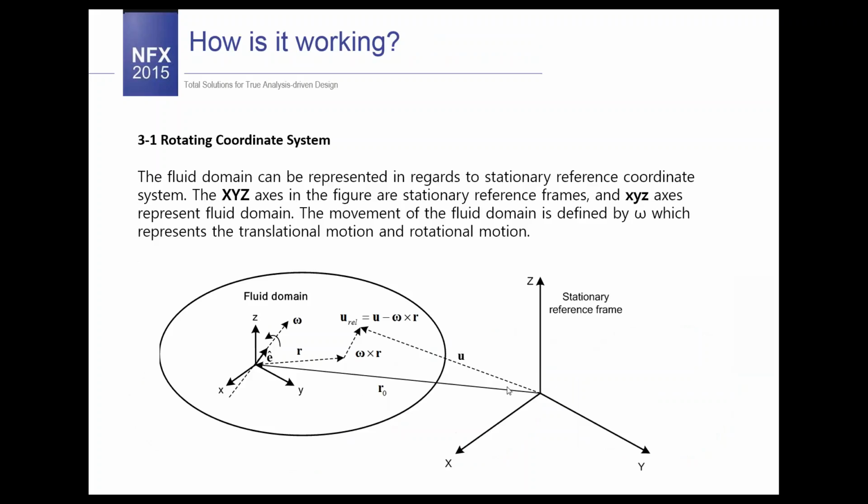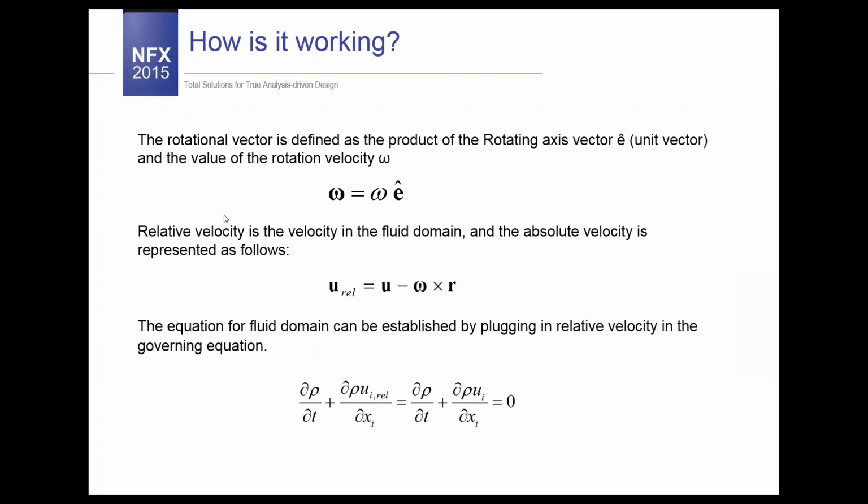So here you have a stationary reference frame, and you have the moving rotating frame, and the two frames are linked together with a simple equation: u relative equals u minus rotation multiplied by r. The rotation vector is defined as the product of the rotation axis and the omega rotation velocity, and you get the relative velocity with this equation.